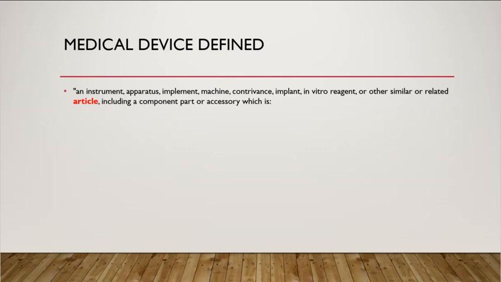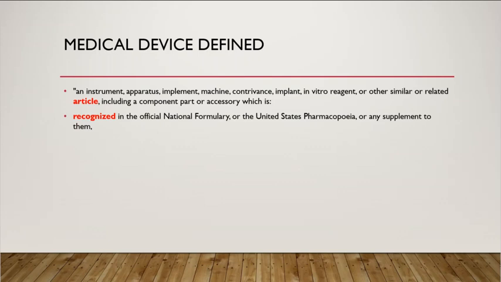Now that's my cue to tell you that the definition of a medical device is a multifaceted definition. So the first step is, is it an article? And if it is, then we go to the next part of the definition.